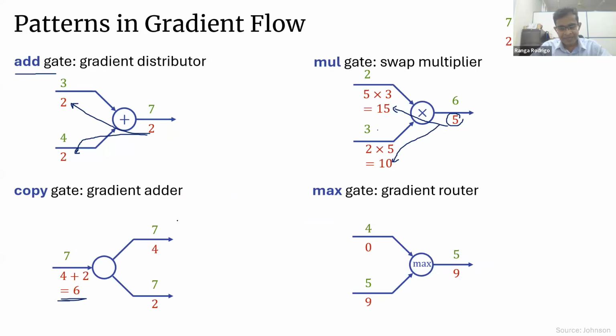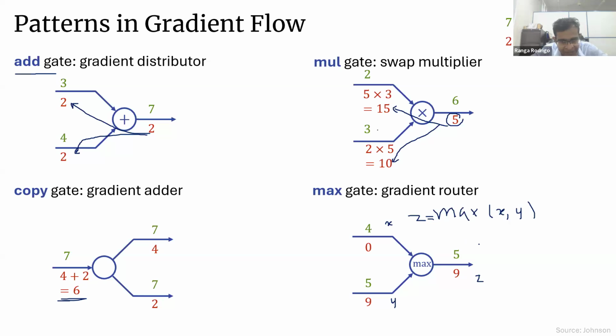So here you can see the max gate. So let's consider this as X, this as Y, and this as Z, right? Okay. So assume that what you have is Z is equal to max of X or Y, no?